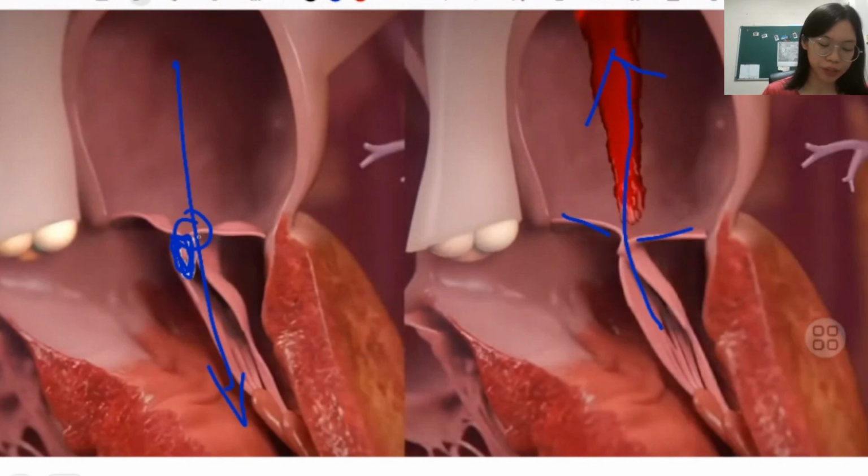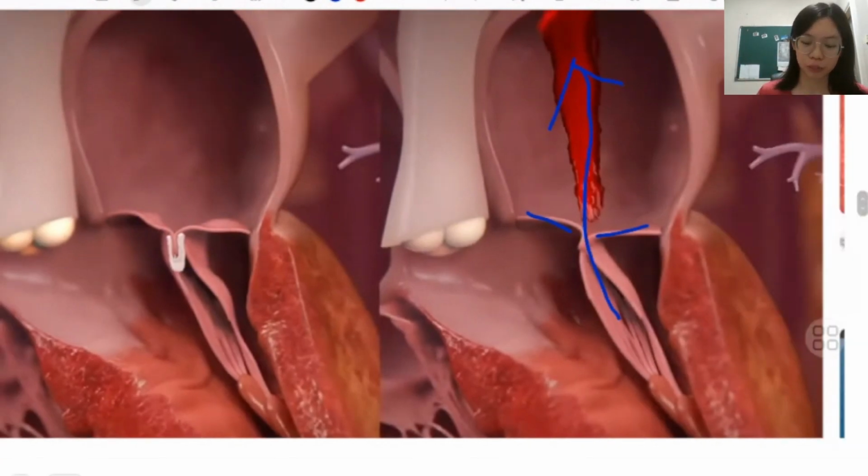But now, because of attaching this clip, it can close properly. It won't close the whole valve, don't worry. So it can close properly and prevent the backflow of blood.